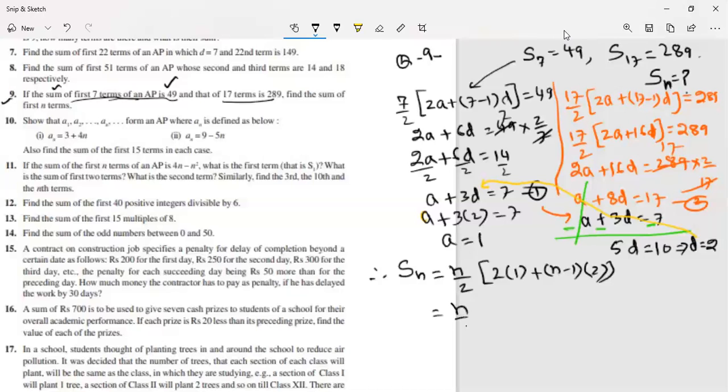So here you can take 2 common, 1 plus n minus 1 will be left inside. So 2 cancels, and minus 1 plus 1 will also cancel, n into n is n square. So the sum of n terms is n square.